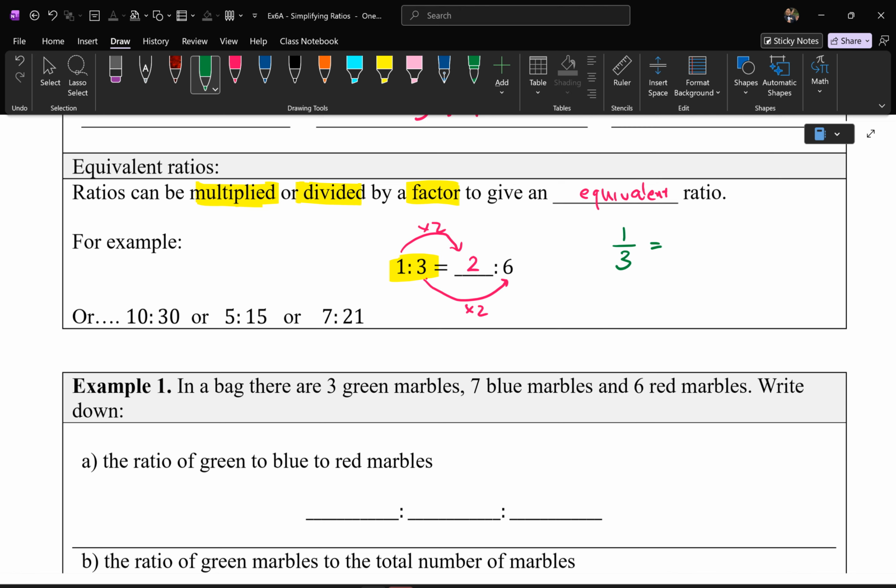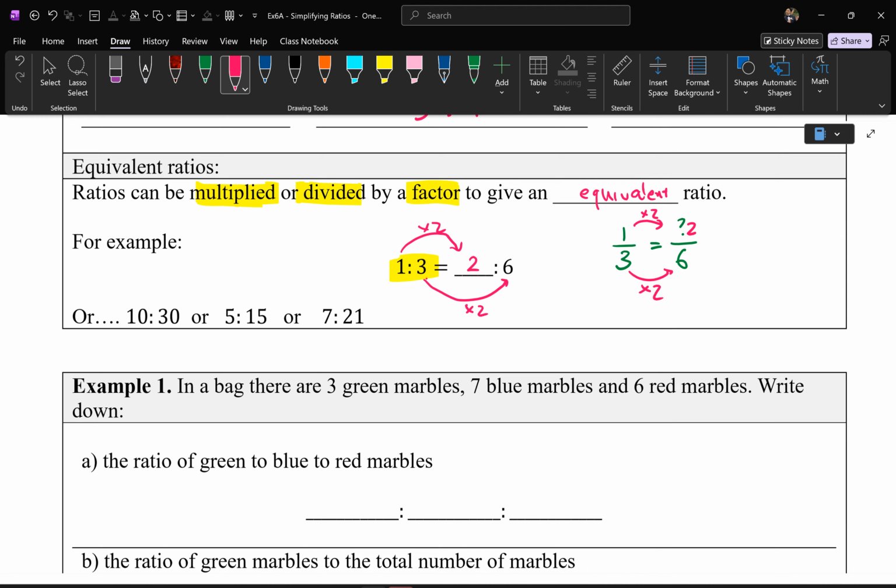So if we keep the second number, this is 6, and the question is, what number is this? That's another way of looking at it. I prefer you being able to read it through ratios, but if it helps you with fractions, this is another way to do it. So you can see 3 times 2 gets you to 6. Therefore, you can do the same thing on the top. That means the number has to be 2 to 6.